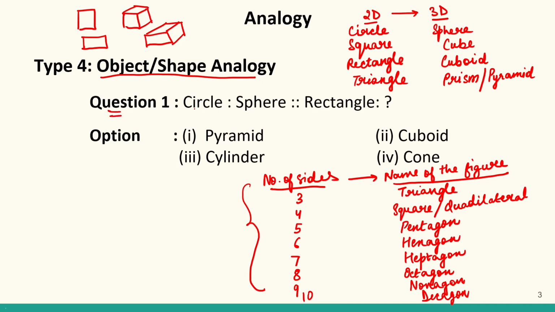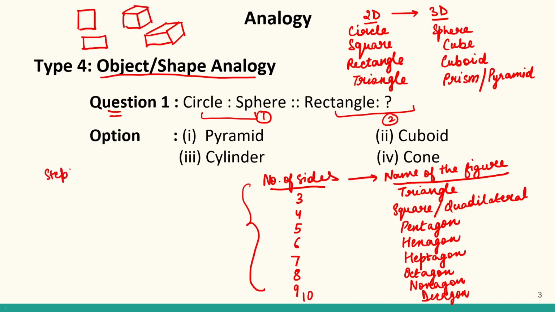So over here in question number 1, circle and sphere, this is the first pair and we have to find the missing element of the second pair. So we used to solve questions of analogy in 2 steps, right?